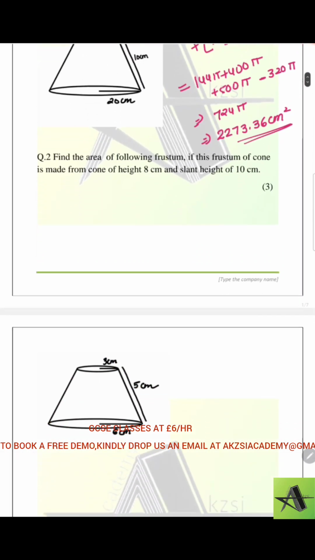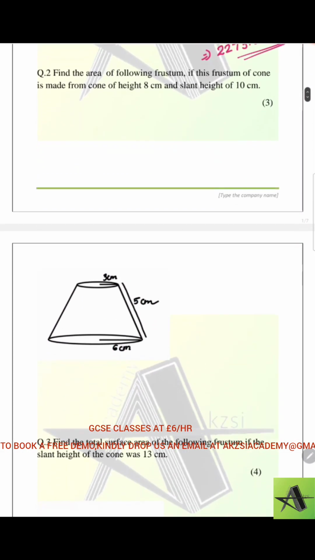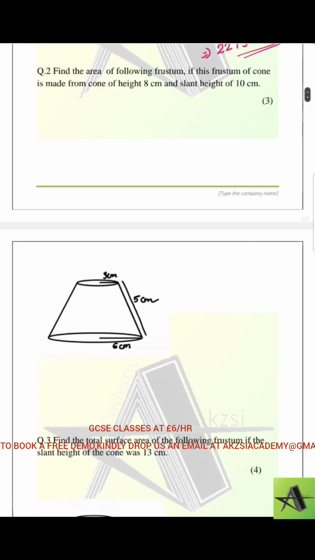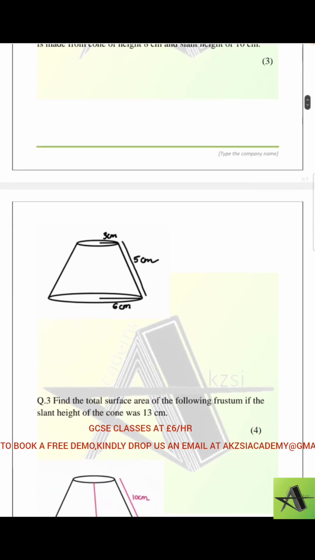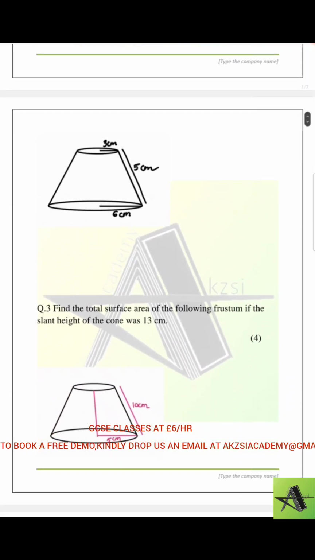It says find the area of the following frustum if this frustum is made up of a cone of height 8 centimeters and slant height 10 centimeters. So we have to calculate the total surface area. It's exactly the same question. So we have to calculate the area of the upper part, the curved part, and the lower part.